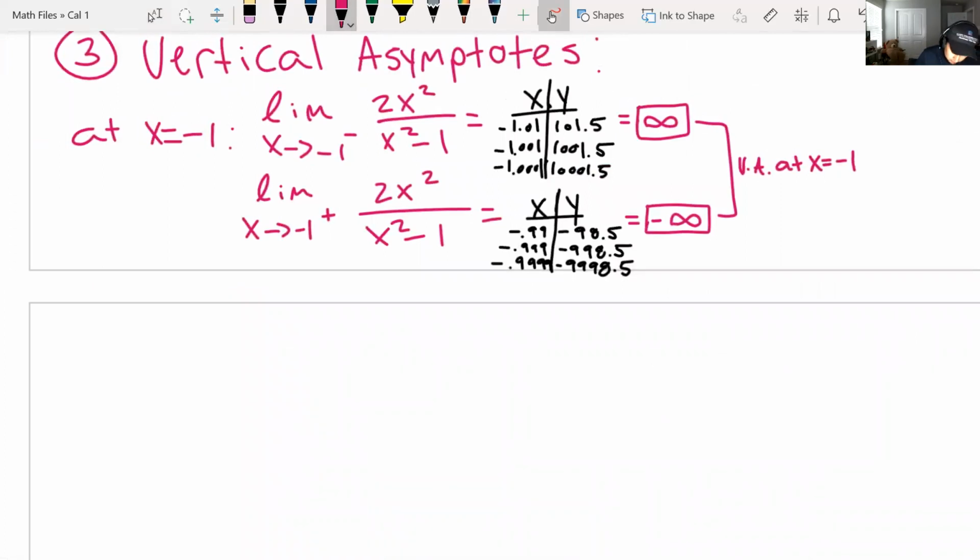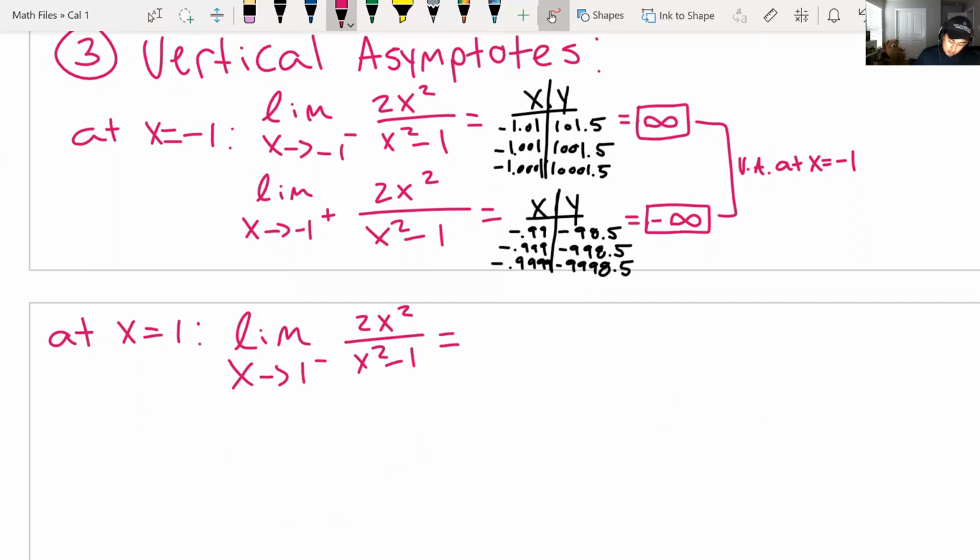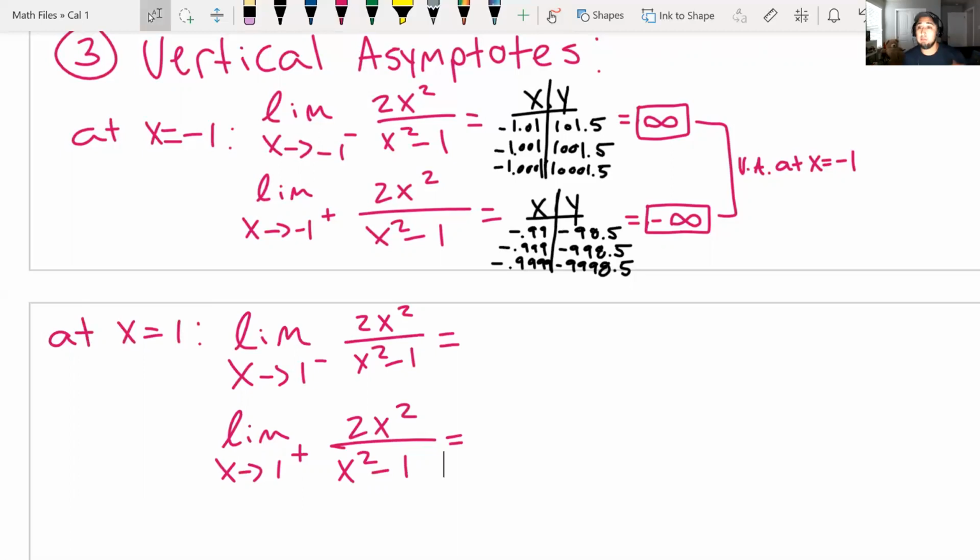So at x equals 1, you get the limit as x approaches 1 from the left of 2x squared over x squared minus 1, and the limit as x approaches 1 from the right of 2x squared over x squared minus 1.